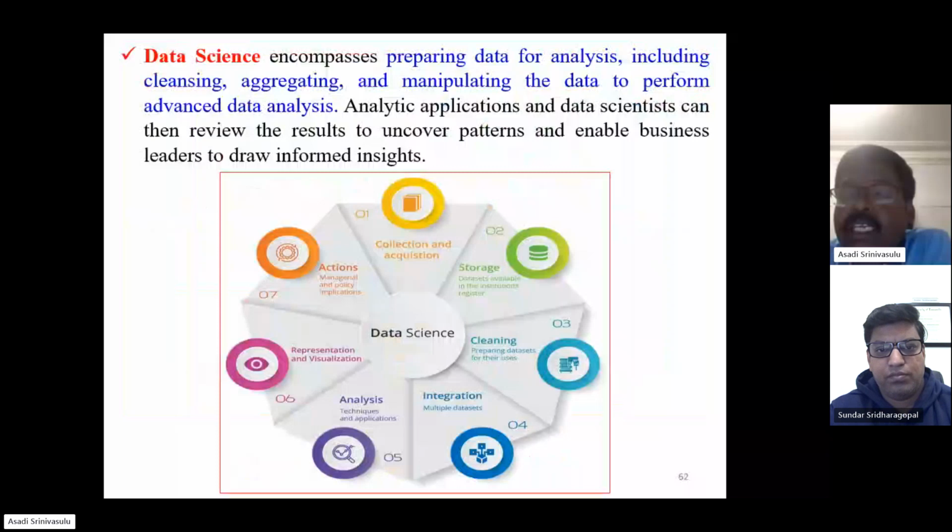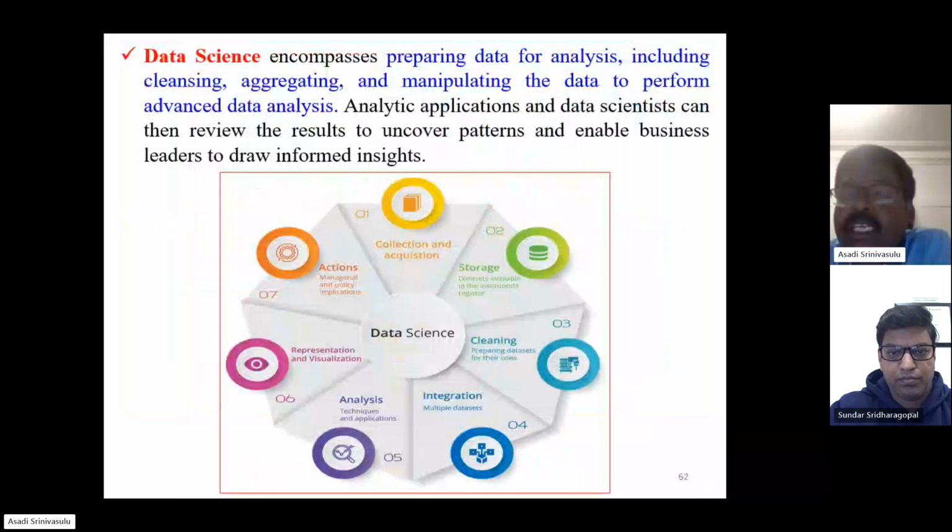Then that meaningful data we are giving to the system, and we are integrating with multiple data sets. And then we are applying an SVM model or k-means clustering or a priori algorithm, depending on our user requirement. We are applying and generating a model. That model gives us the results. That result is called analysis with the help of techniques and applications.